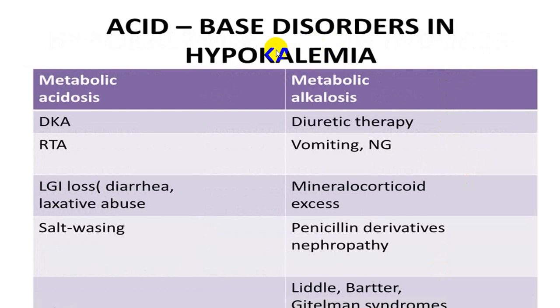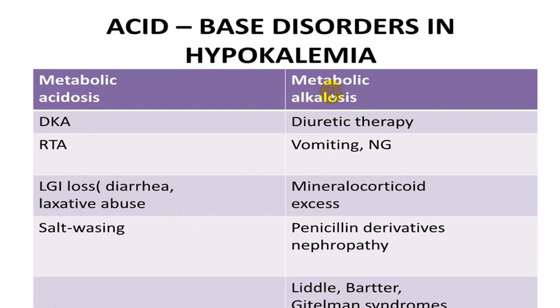Acid-base disorders which can end up with hypokalemia: in diabetic ketoacidosis, renal tubular acidosis, GI losses in the form of diarrhea, laxative abuse, and also ureterosigmoidostomy, you can develop metabolic acidosis, and also in salt-wasting nephropathy.